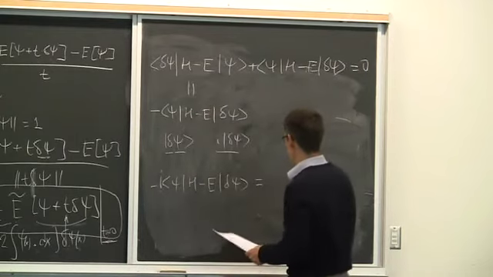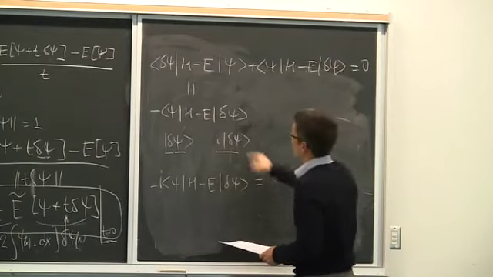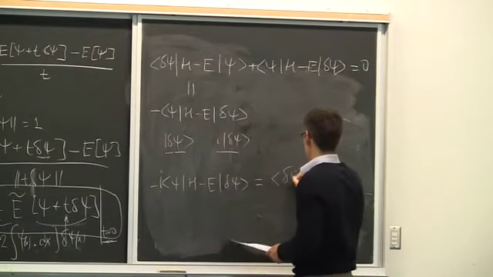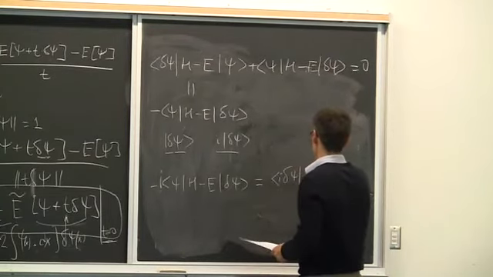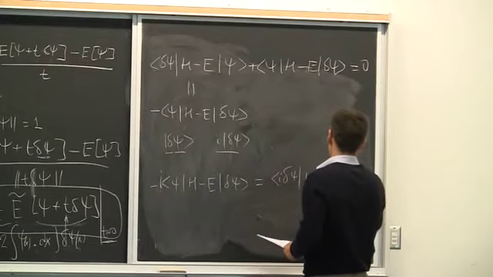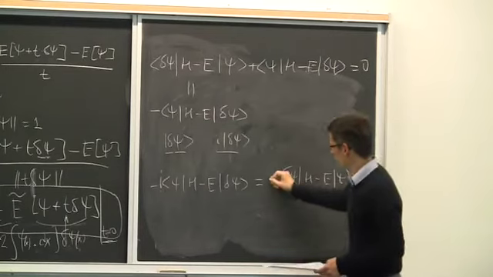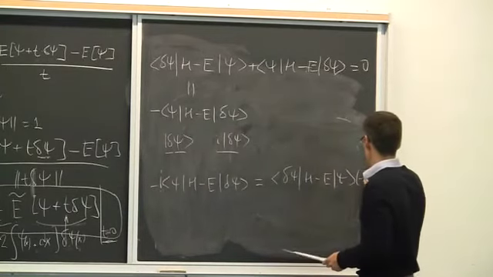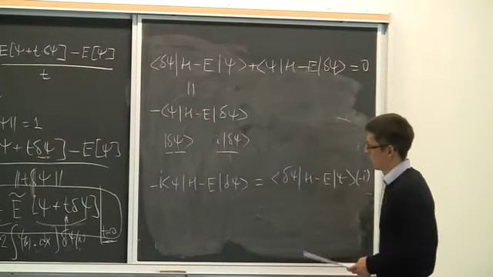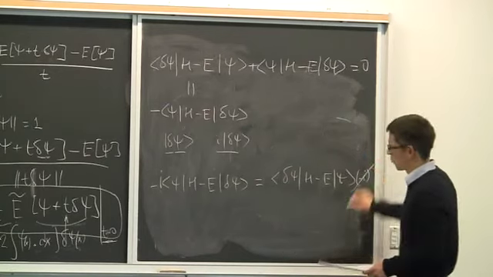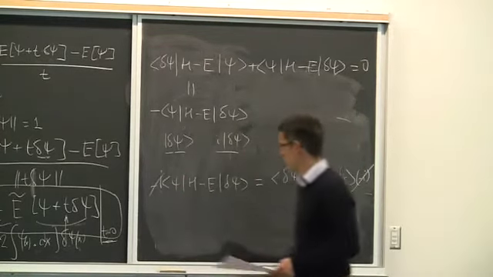And this must be equal to the upper expression with i now. But since i is in the bra, we can put it outside with minus i, right? And so now we can remove i's with minuses.